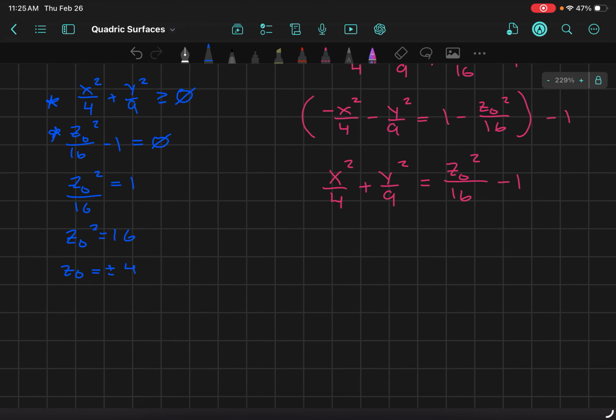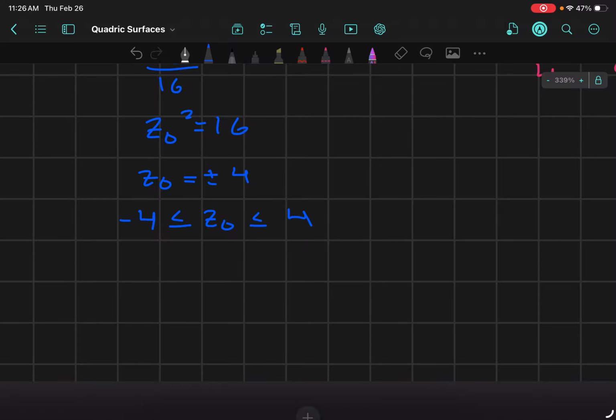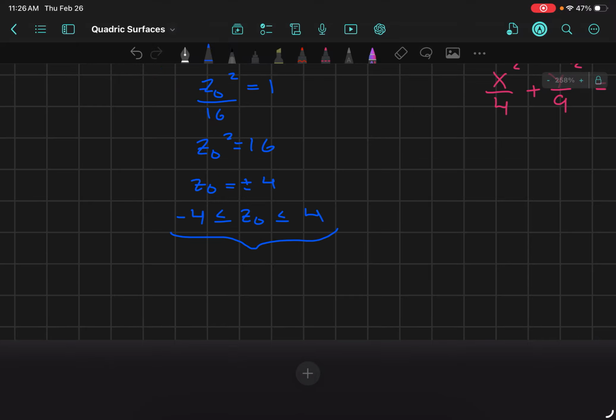But negative 4 has to be less than or equal to z naught, which has to be less than or equal to 4.